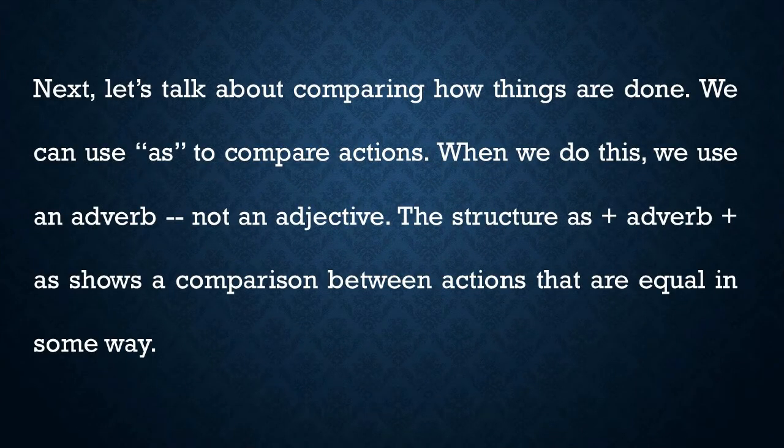Now, let's talk about comparing how things are done. We can use as to compare actions. When we do this, we use an adverb, not an adjective. The structure as plus adverb plus as shows a comparison between actions that are equal in some way.